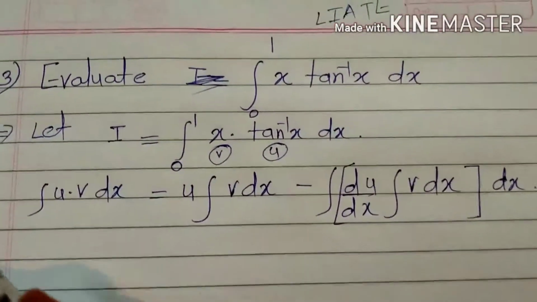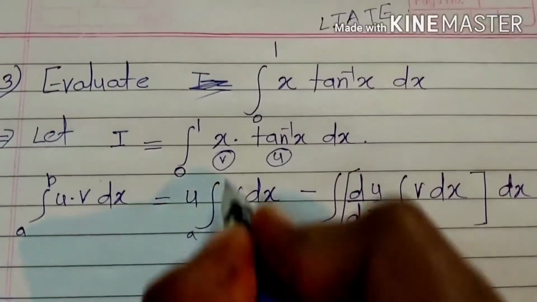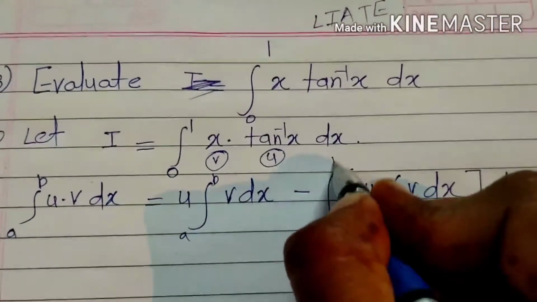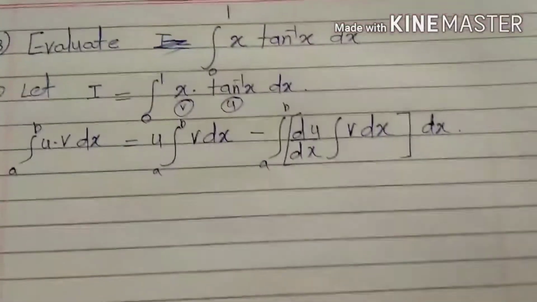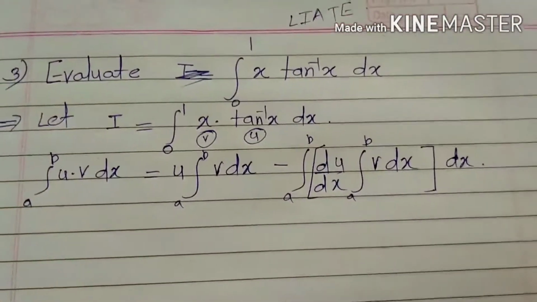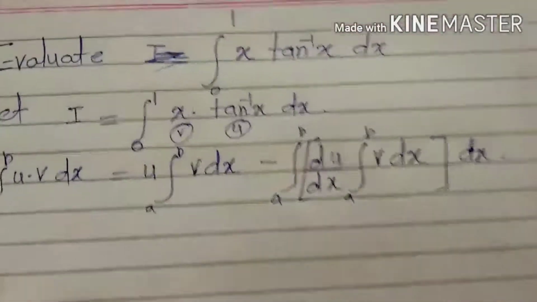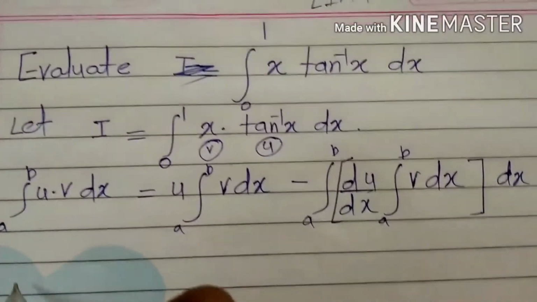Now if there are limits, then it is a to b, a to b, a to b, and here is also a to b. But instead of this we can take the whole limit. So let us start to solve this example.